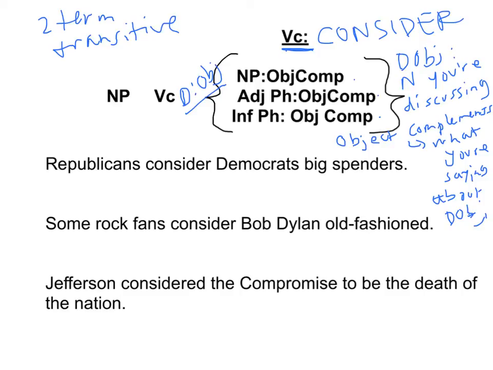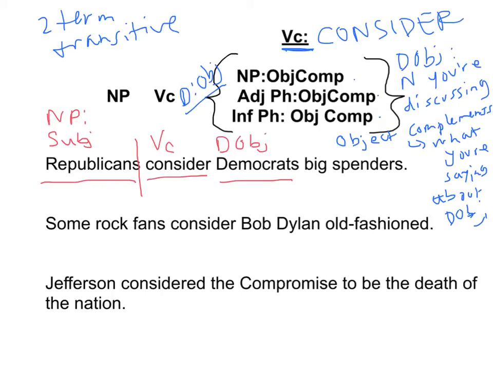So, Republicans consider Democrats big spenders. Okay. Republicans is our noun phrase subject. Consider is obviously our VC. We have Democrats, a noun phrase, which is our direct object.